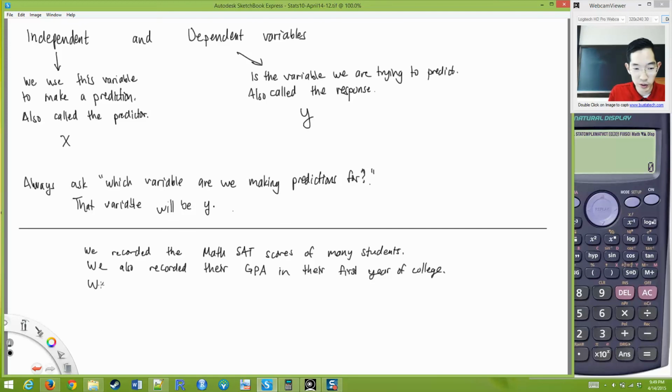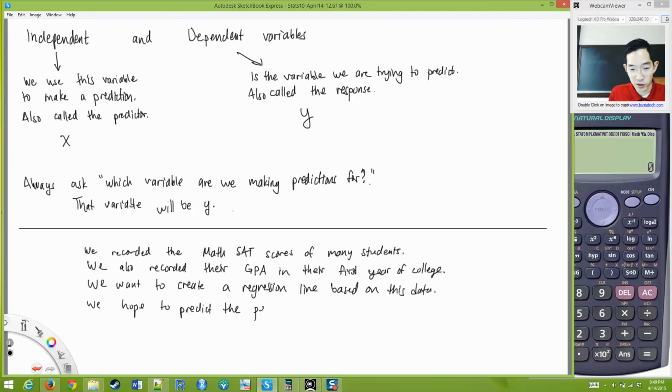We want to create a regression line based on this data. We hope to predict the performance of students in college based on their SAT scores.